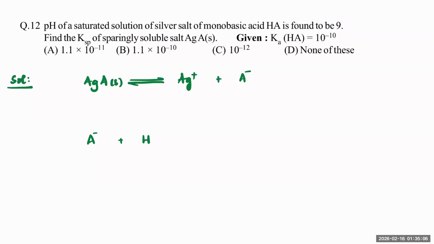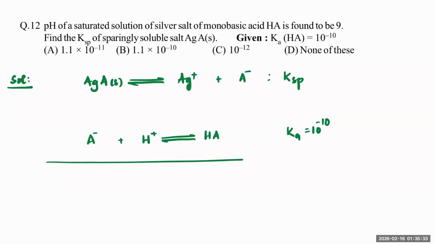So that means this H plus, because it is a monobasic acid, we can expect that as it reacts with A minus, it can form HA here. And this Ksp value is what we need to find. And Ka value is given, which is 10 raised to power of minus 10.